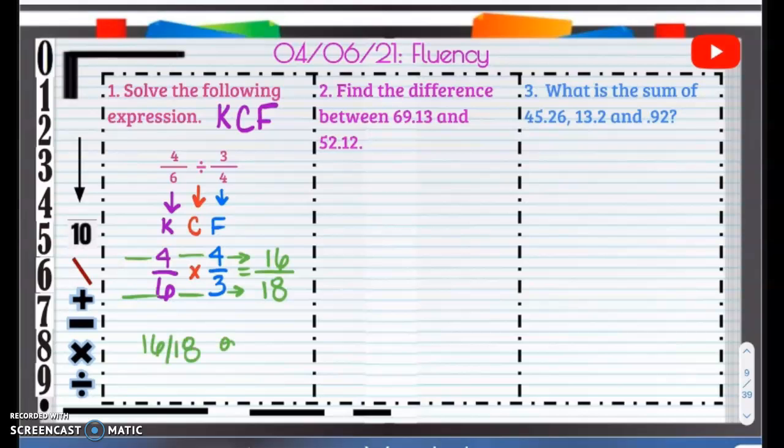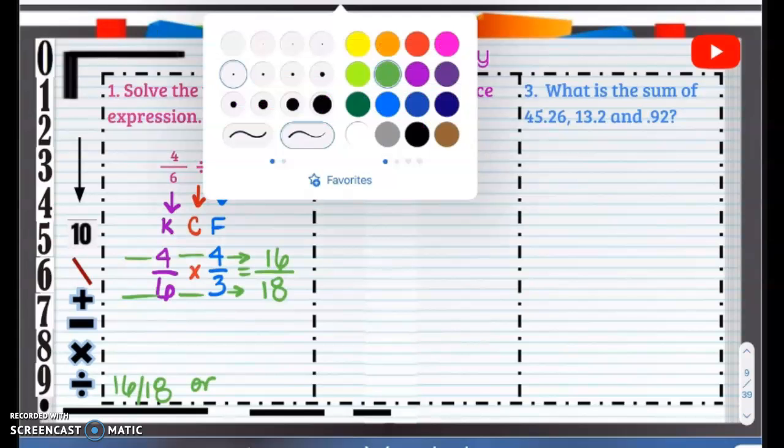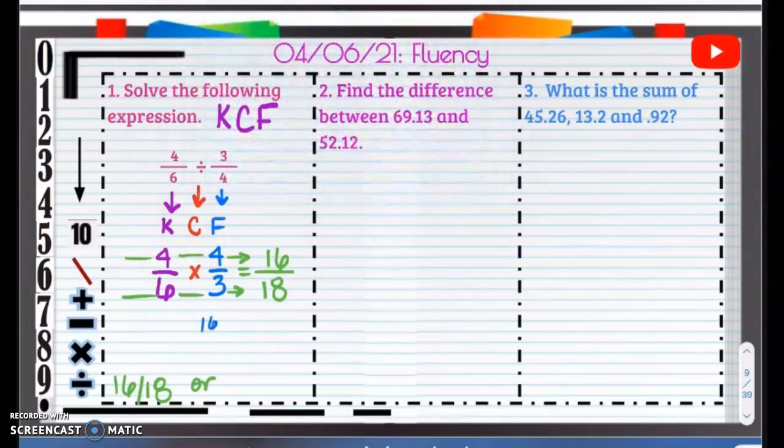Or we can simplify it. If we have 16/18ths, we can divide both numerator and denominator by, let's see, a 2 can go into both of them.